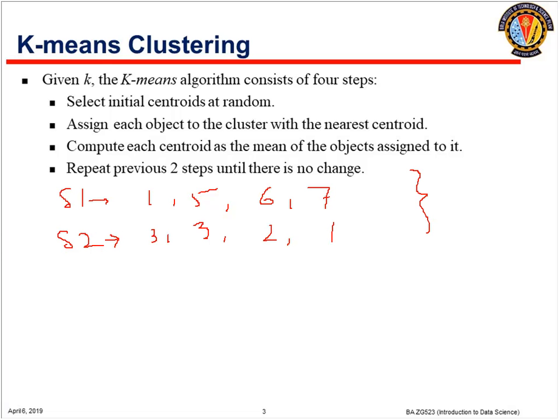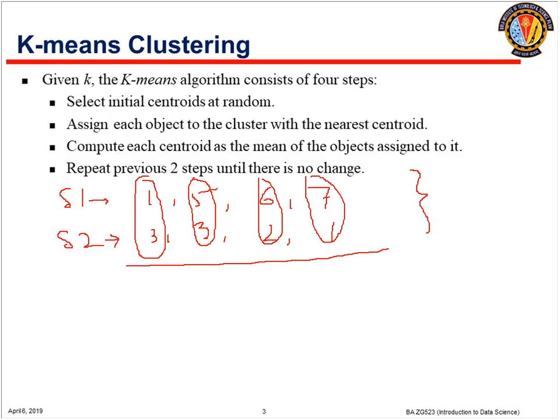Let's say these two belong to the same cluster. They have been assigned to the same cluster. So let's say the cluster consists of only these two samples. In that case, just look at the average of each feature. There are 2 samples, so just average each feature: 1 plus 3 by 2 is 2, 5 plus 3 by 2 is 4, 6 plus 2 by 2 is again 4, and 7 plus 1 by 2 is again 4.